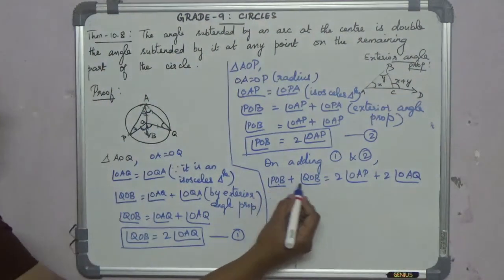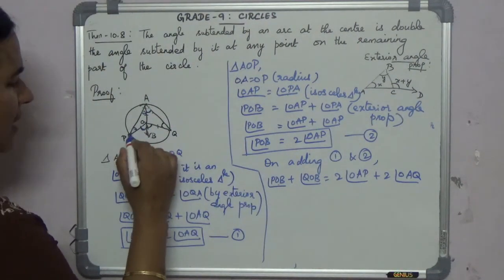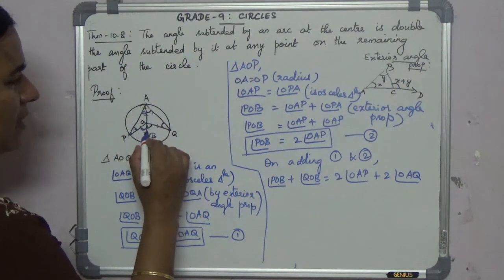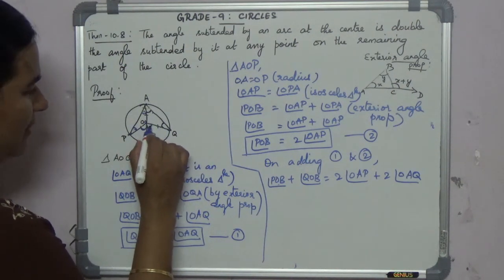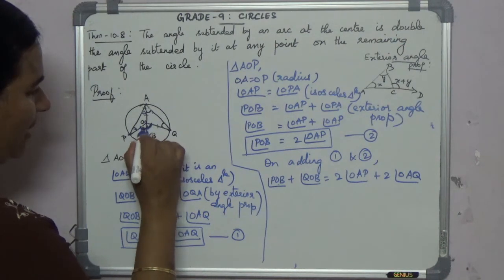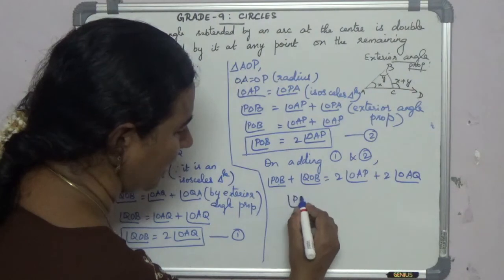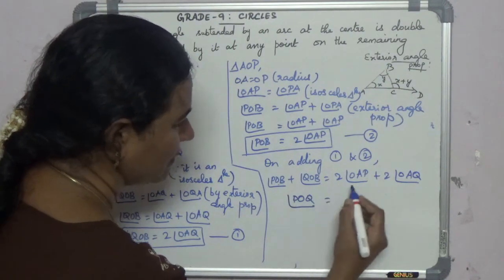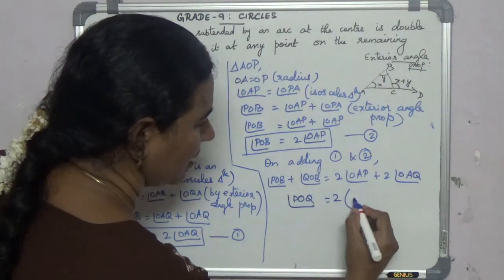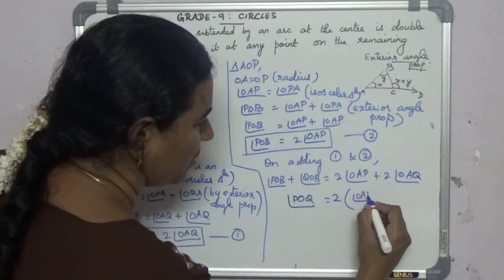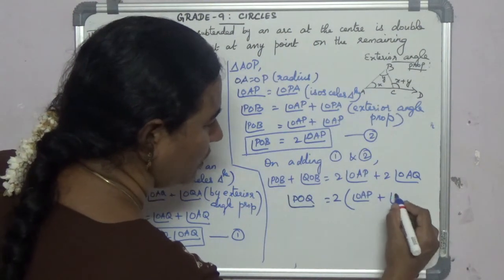What is angle POB plus angle QOB? Angle POB plus angle QOB is nothing but angle POQ. That is, you are adding these two angles so that you will get angle POQ. It is equal to, 2 is common, so take it outside. So this is 2 into angle OAP plus angle OAQ.